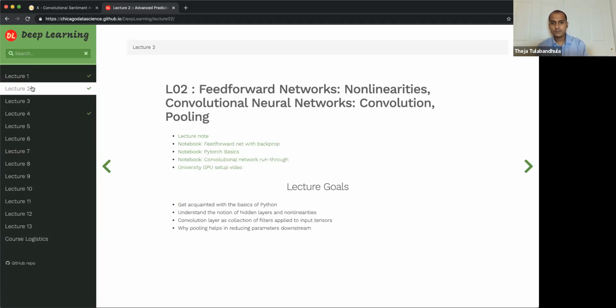In lecture 2, we briefly did a recap of essential data structures in Python, abstract data types, essentially a list and a dictionary, for example. We also tried out some details on NumPy. Then we looked at the notion of nonlinearities or activation functions: sigmoid, ReLU, tanh, and so on.